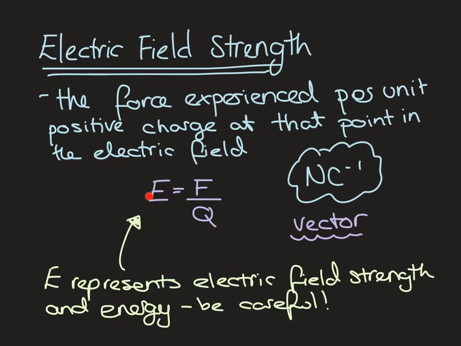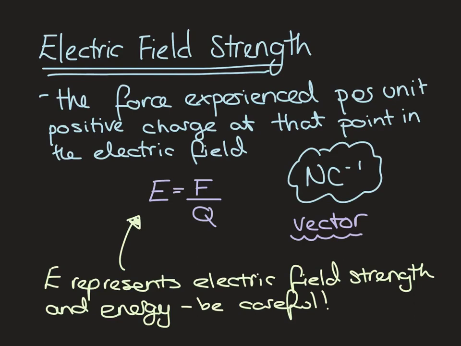And we're representing the property electric field strength here with a capital E. We need to be really careful with using the letter capital E within this topic, because we're going to use it to represent electric field strength, but also a little bit further along you'll see we're using it to represent energy. So you have to be really on top of your equations and know which one's which so that you don't get confused, okay?